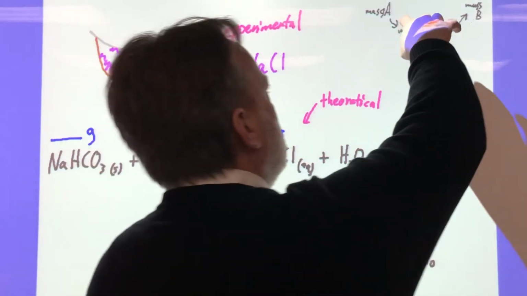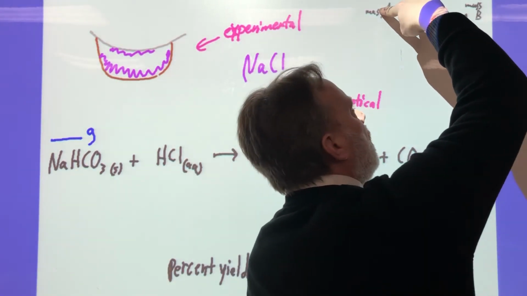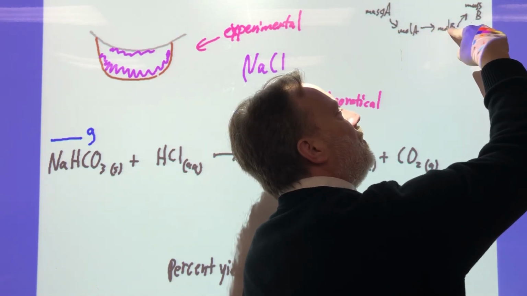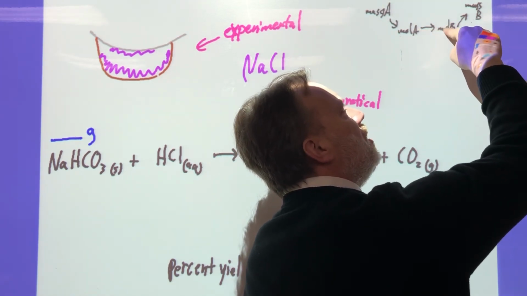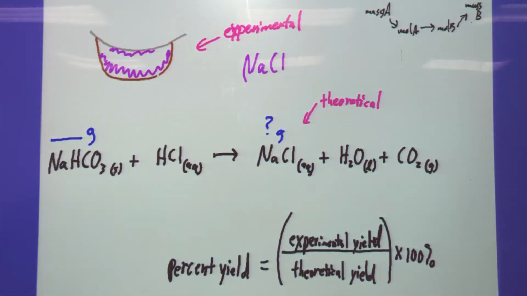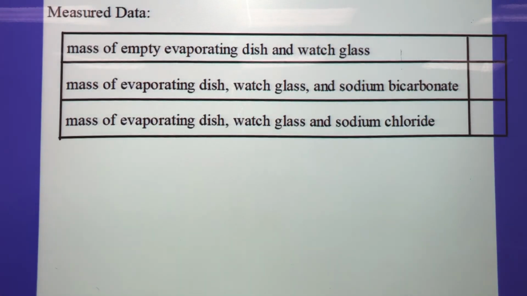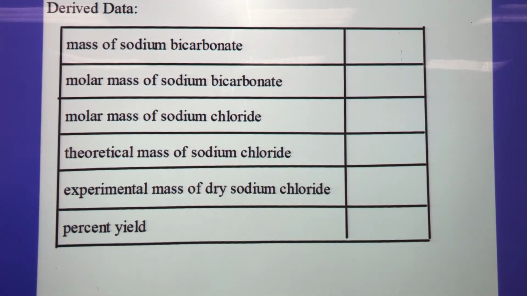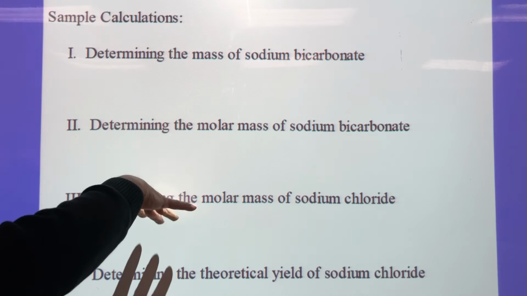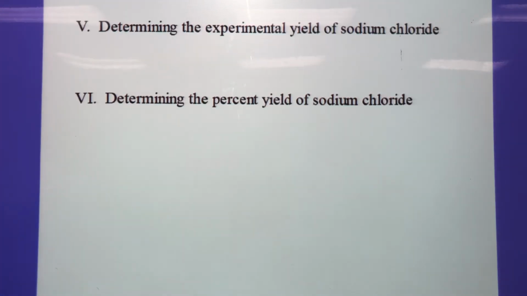So we're going to use your subtraction here, a molar mass to do that step, a molar mass to do that step, the balanced chemical equation to do this step, and a molar mass to do that step. So that's where those three data are used. And then your percent yield. So you should be good to go. So the sample calculations look like this, except you have your steps in there.